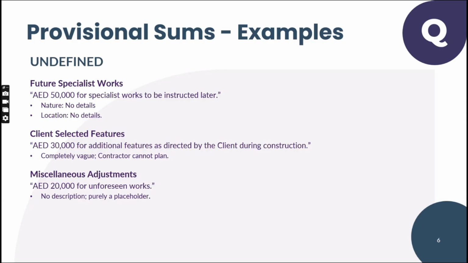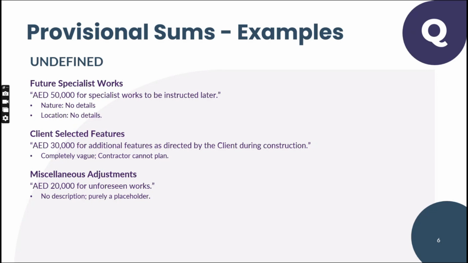Second example, client selected features, 30,000 for additional features as directed by the client. What is that? It's completely vague. You don't know what the additional features are. It could be anything. It could be an EV charger. It could be external high-end cladding. It could be a high-end fountain.